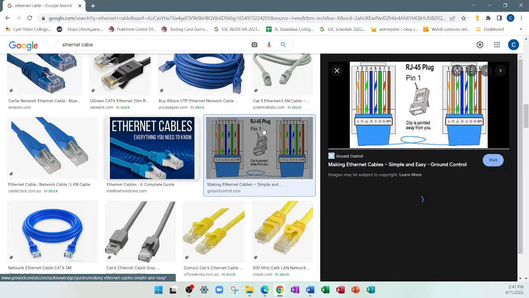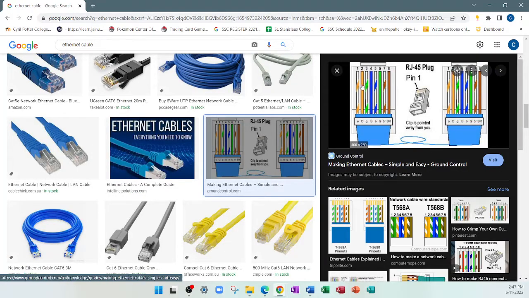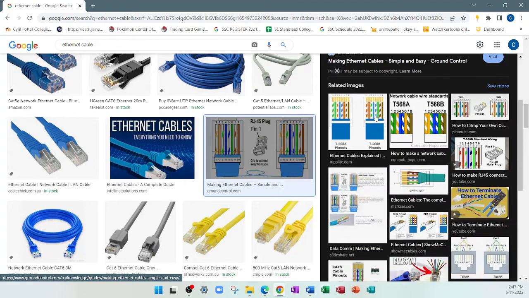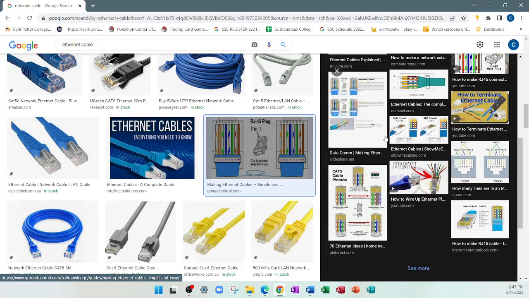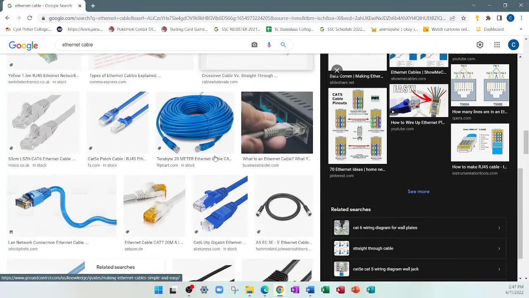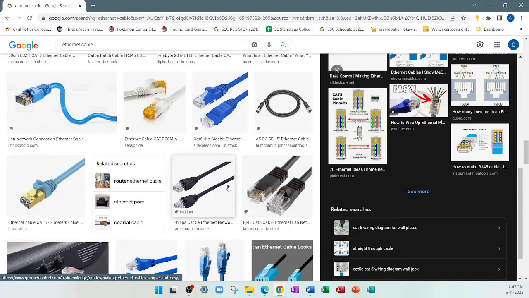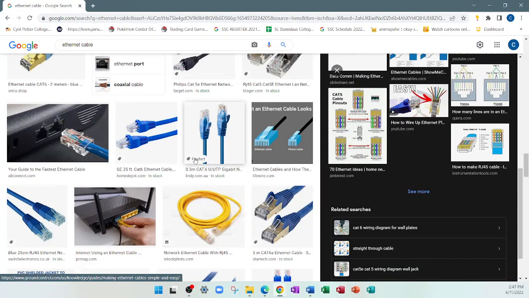Yeah. So inside of that cable has 8 cables inside of it. Not 8 pairs. 8 individual cables inside of it.